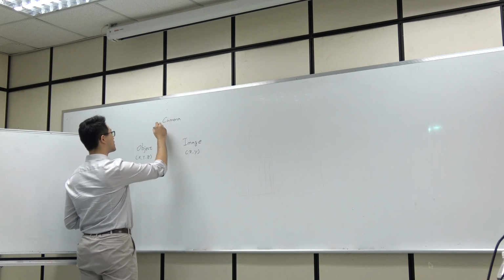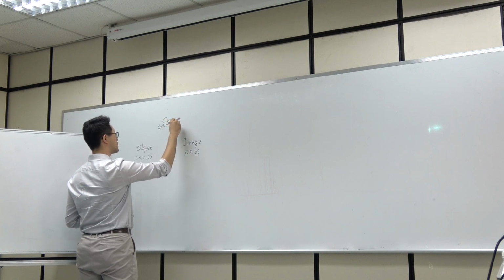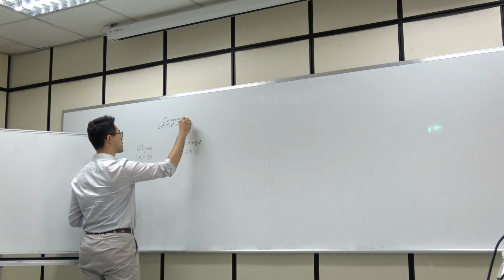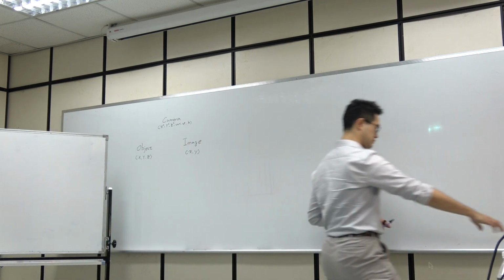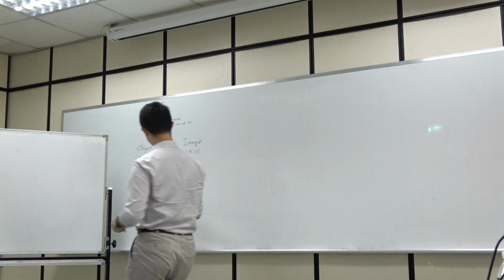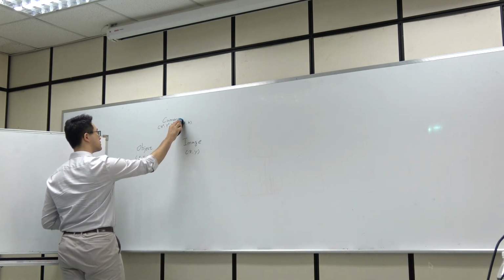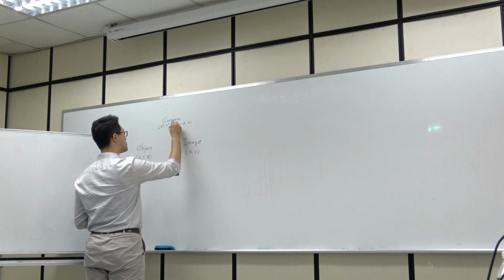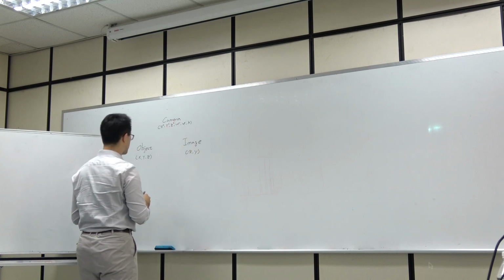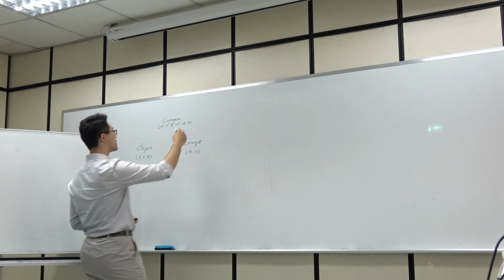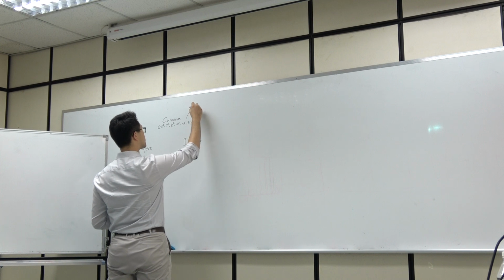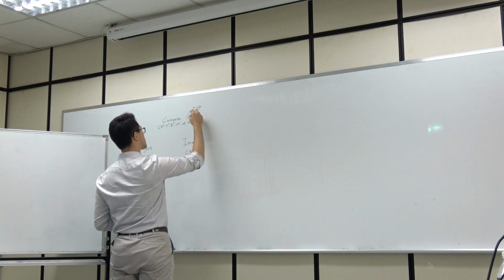The precision includes XC, YC, ZC, omega, phi, kappa. These 6 parameters are usually called EOP, exterior orientation parameters.